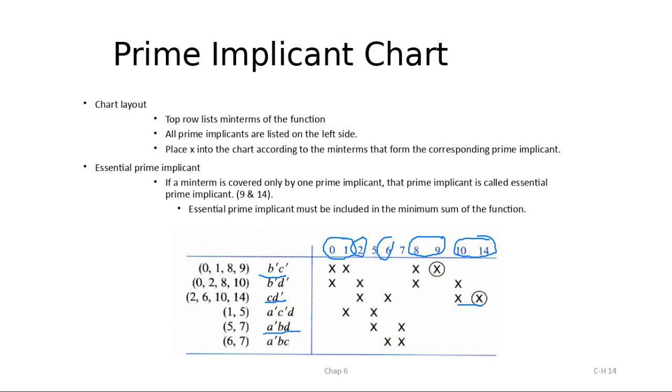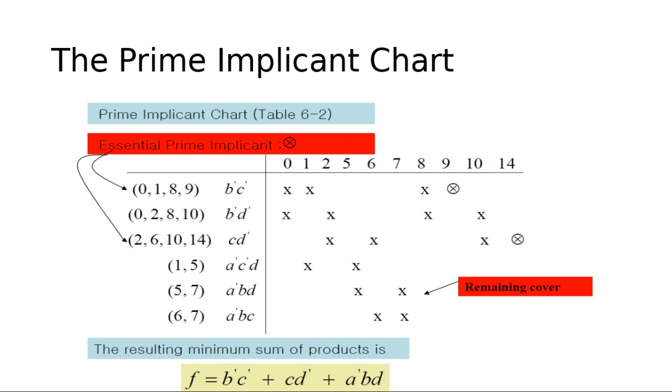With this expression, we use 5 and we use 7. The remaining is that one, because when we use these two, there is a remaining 5 and 7.